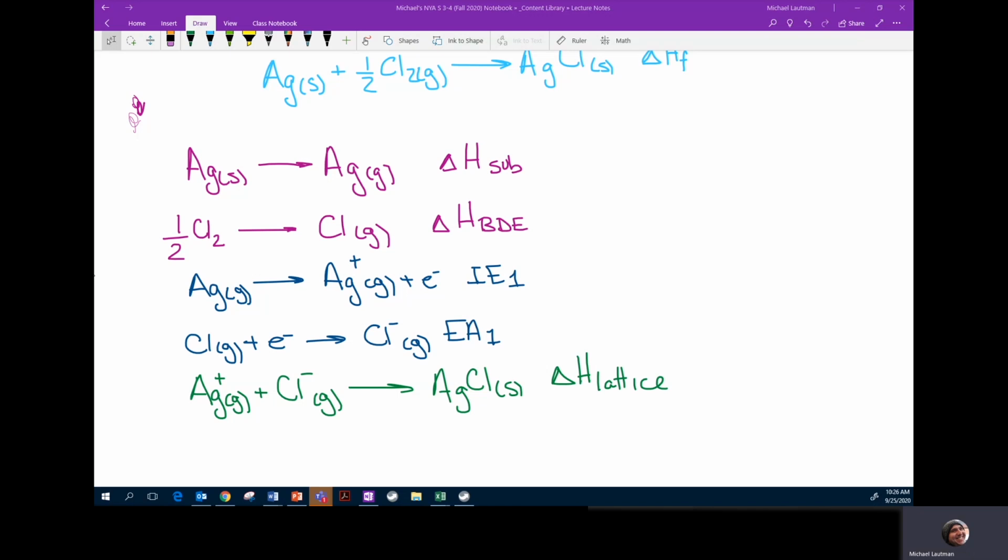And if we follow Hess's law, we can check that everything cancels out and gives us the initial reaction overall. That's always a test you can do for yourself.